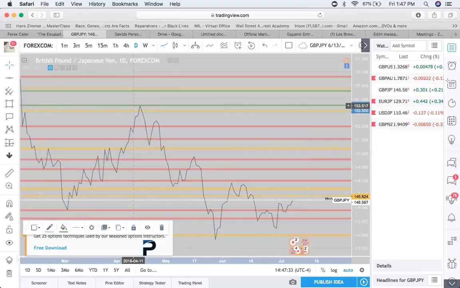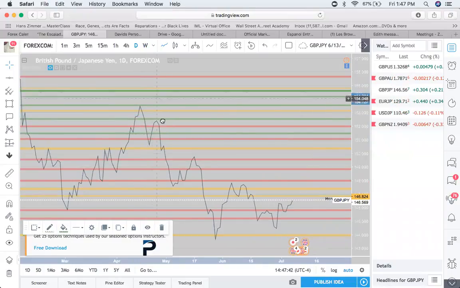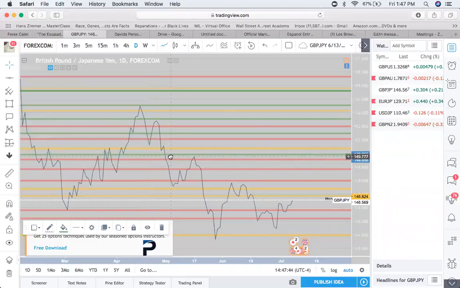Once you have that, you just copy and paste a few of them because I don't think we need a lot. As you can see, there's one right here. There's one right here. There's the perfect one right there. Okay, there's one right there. It became support, now resistance.